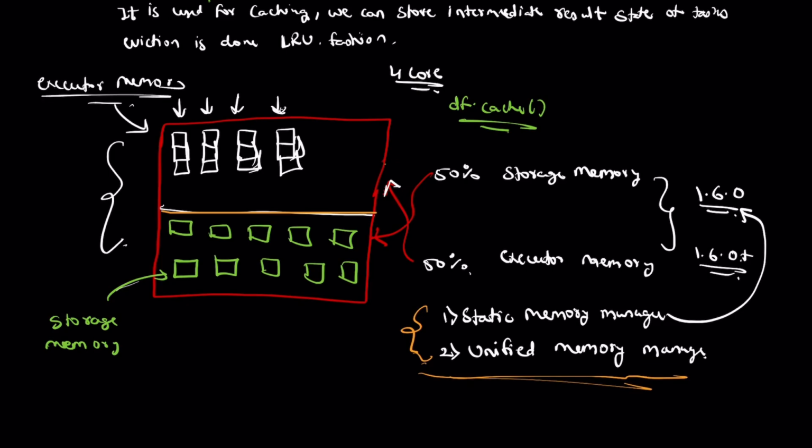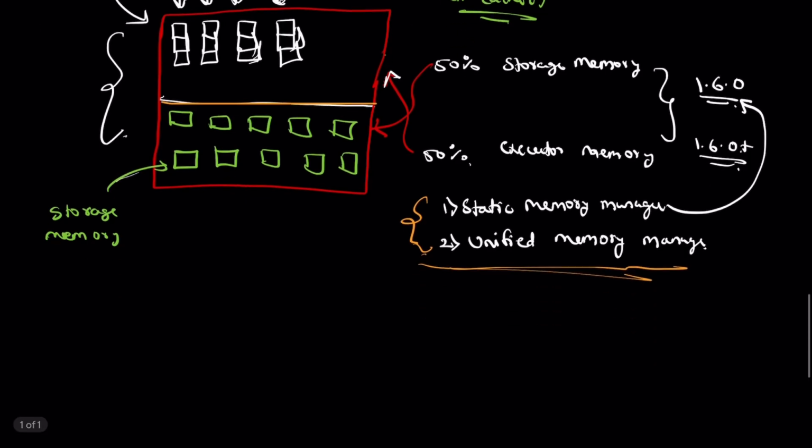If storage memory and executor memory both are utilized, in this case, we will definitely get executor out of memory. Now the question would be that there is a concept of disk spillage, that the executor would be spilling the data on the disk. So let's clear that out.